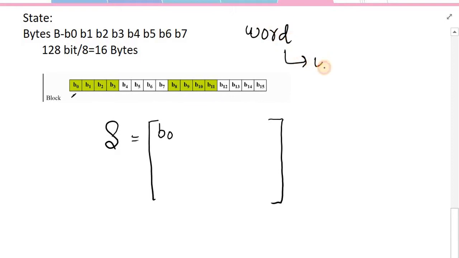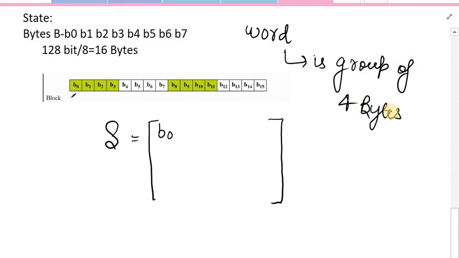A word is a group of 4 bytes. So here B0 to B3 are 4 bytes, and these 4 bytes are termed word 0. B4, B5, B6 and B7 are represented as word 1, and similarly word 2 and word 3.